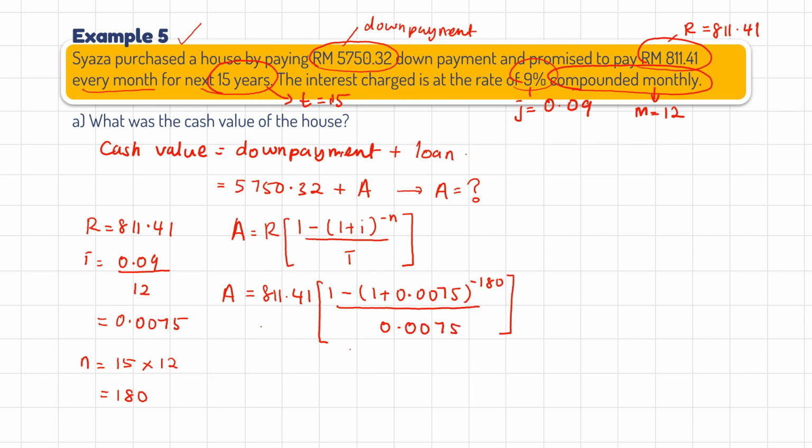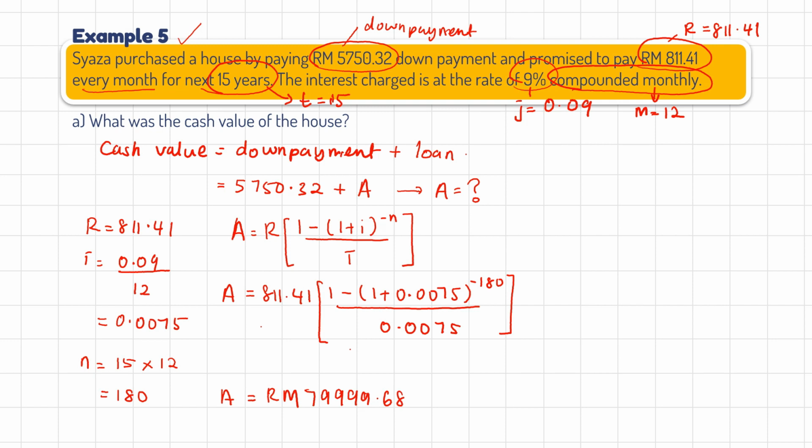Then just press your calculator and you will get your A in RM. It will be equal to 79,999.68. So this will be the value of the loan that Shaza needs to do.